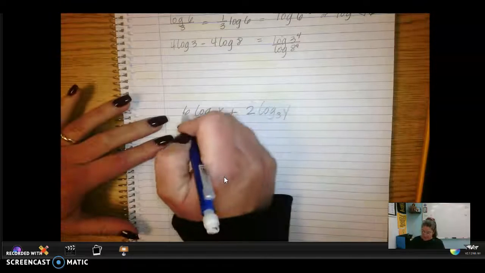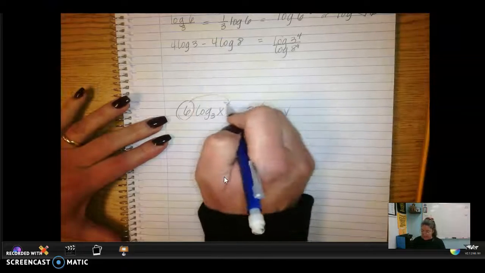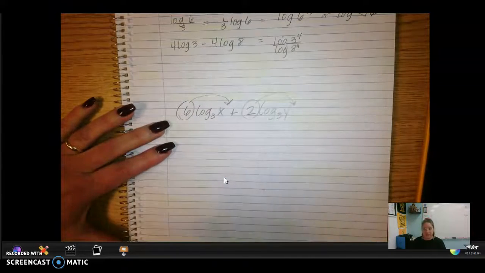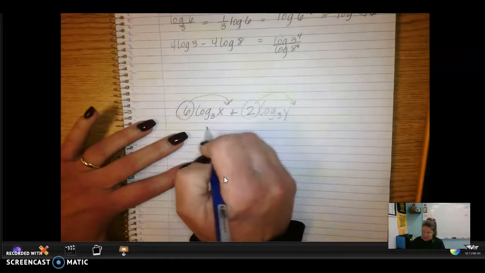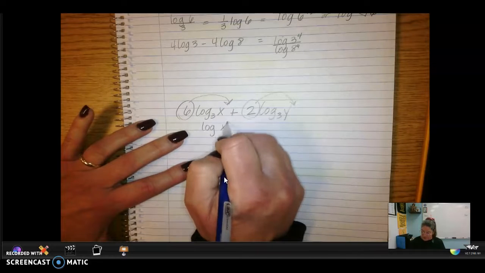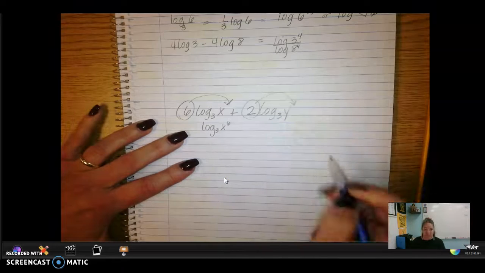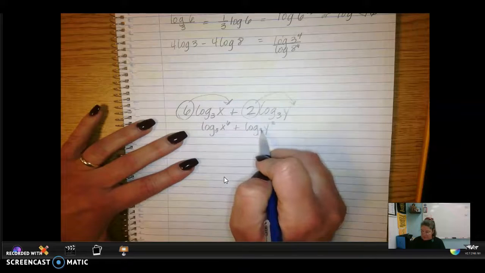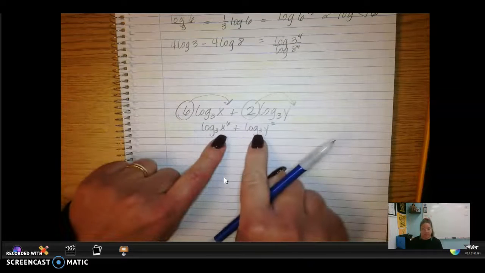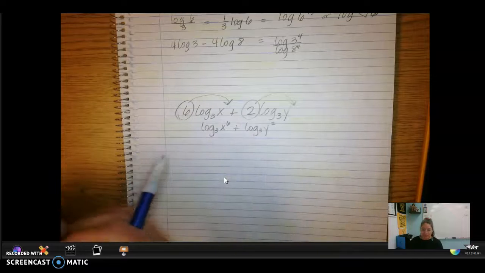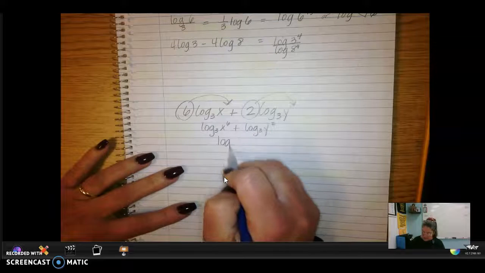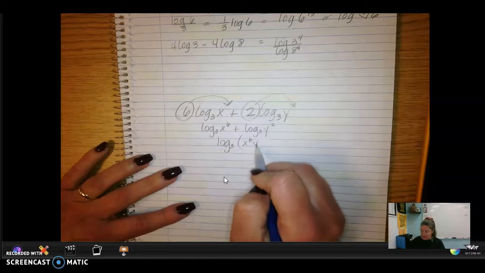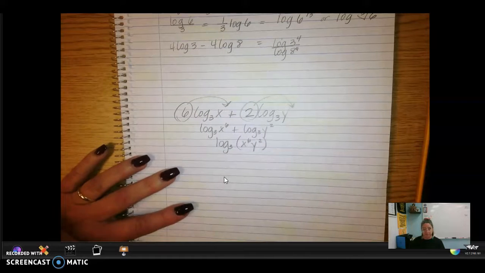Before we do that, though, we take the 6 and put it up as an exponent, and we take the 2 and put it up as an exponent. So this becomes the log of x to the 6th with a base of 3 plus the log of y squared with a base of 3. Again, since the bases are the same, we can put it together and multiply. So we have the log with a base of 3 of x to the 6th y squared.